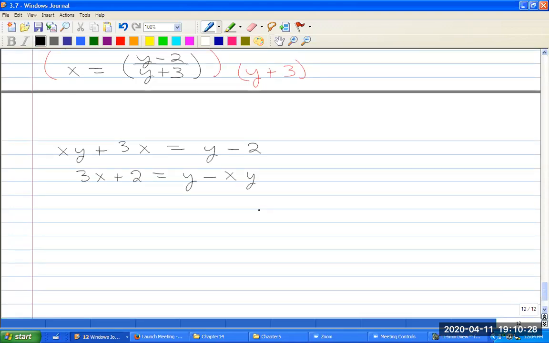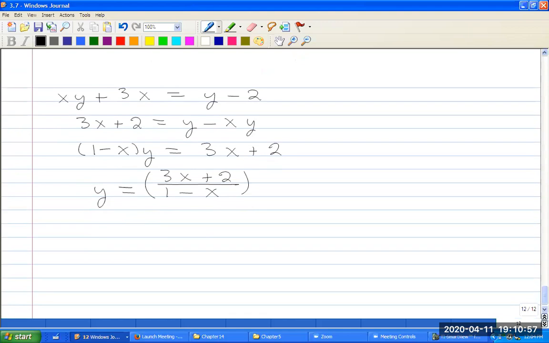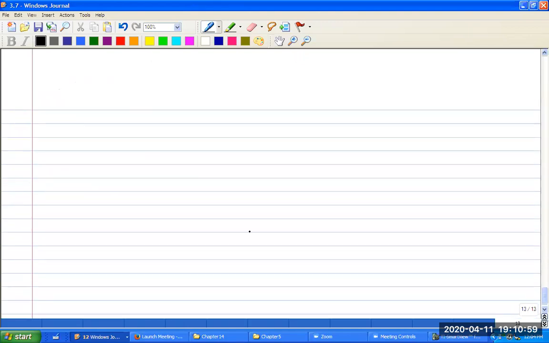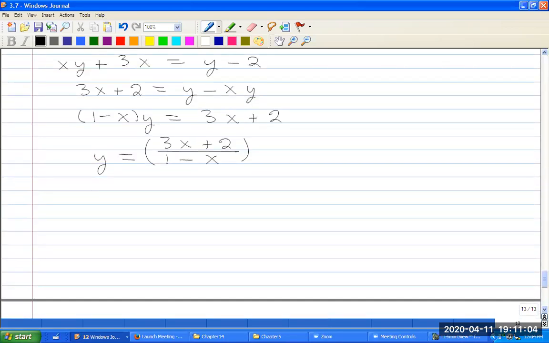And so let me factor a y from the right-hand side, and write it on the left-hand side. Divide both sides of my equation by 1 minus x. And so I get that the inverse function has the following rule.